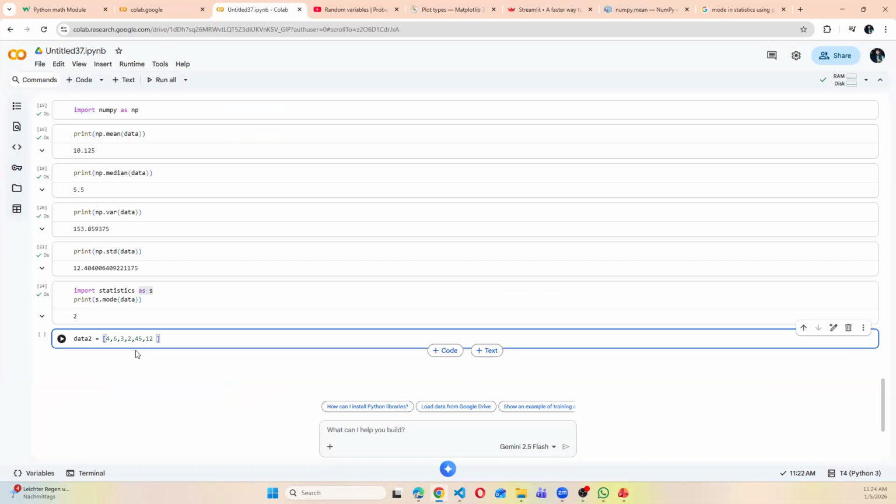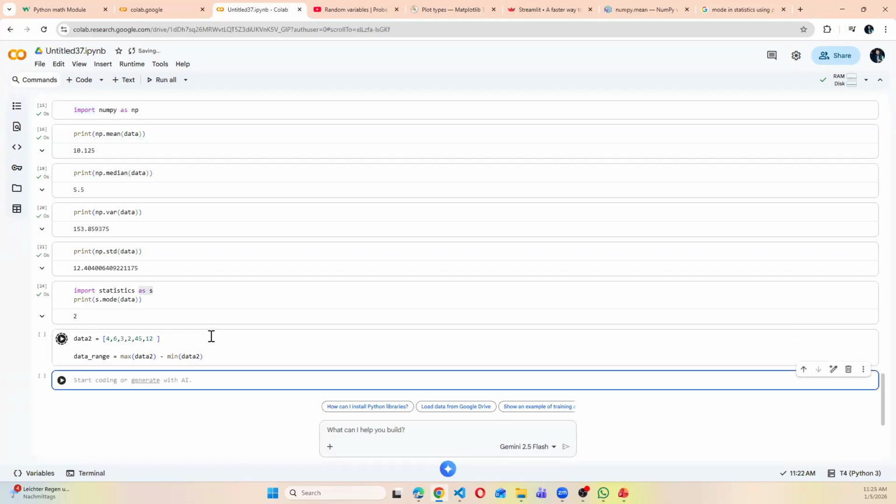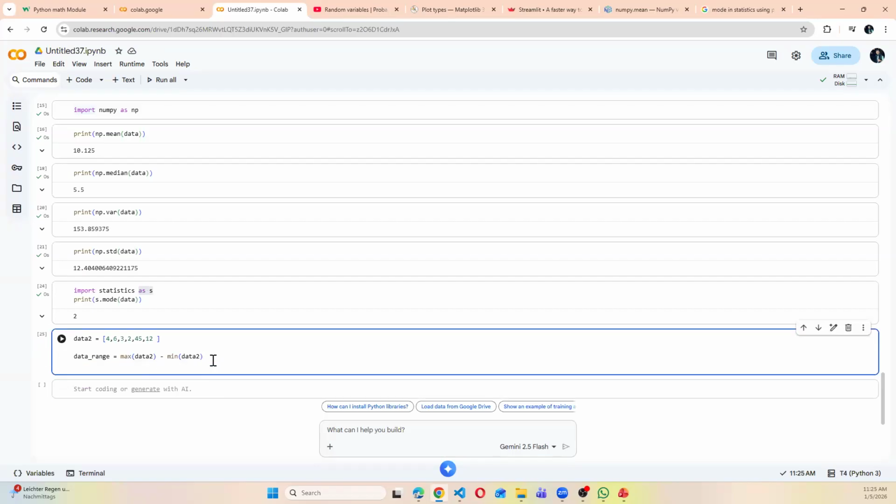So if I say this is my data, I will just compute the range. For the range you just use the functions max and min. So I will say data range is equal to the max of data2 minus the minimum of data2. Now I write print my data range.